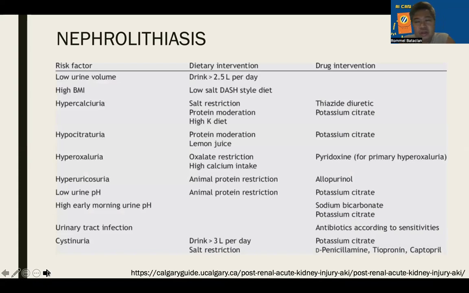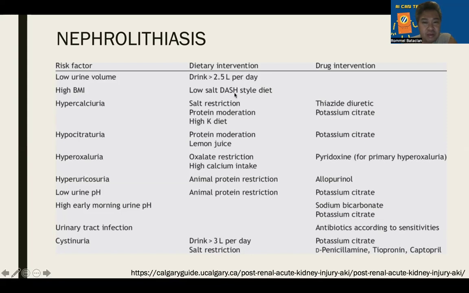So what are the interventions that we can do? Definitely we have to address low urine volume, increase fluid intake. But the better recommendation is not to have a fixed intake, but more of a urine output guided fluid intake, wherein you should at least have a urine output of 1.5 to 2 liters per day.